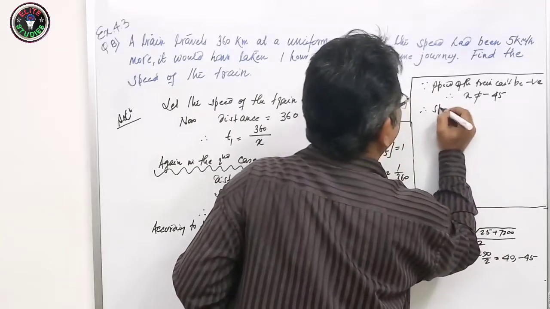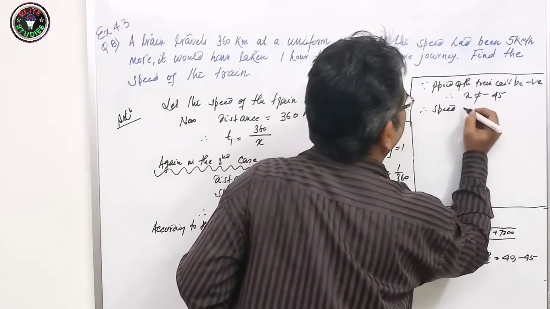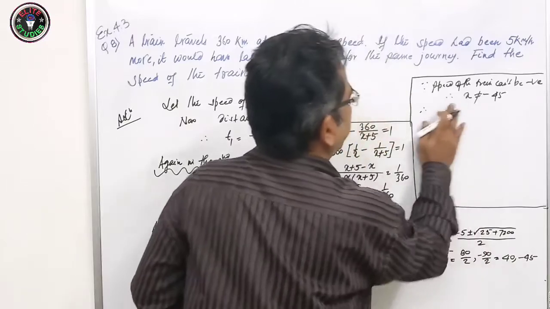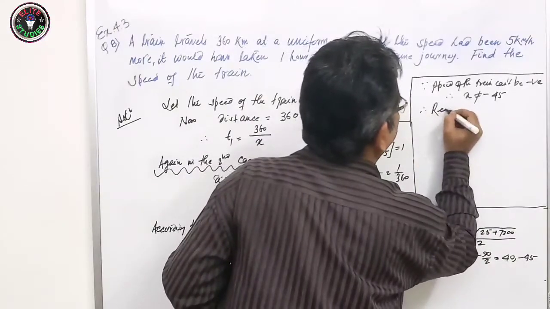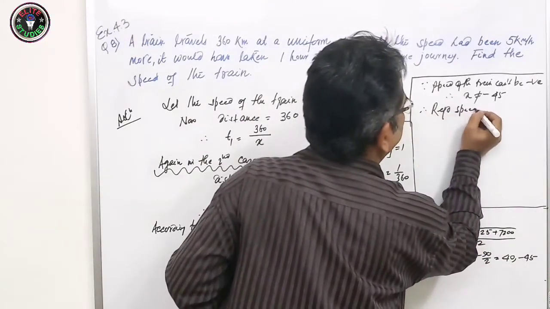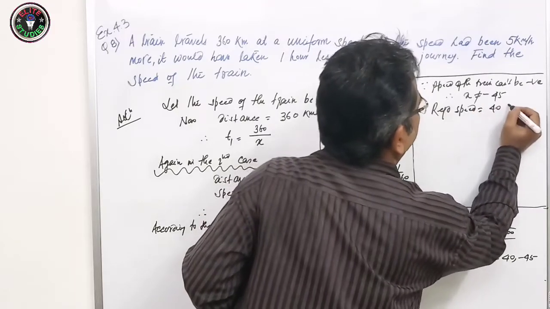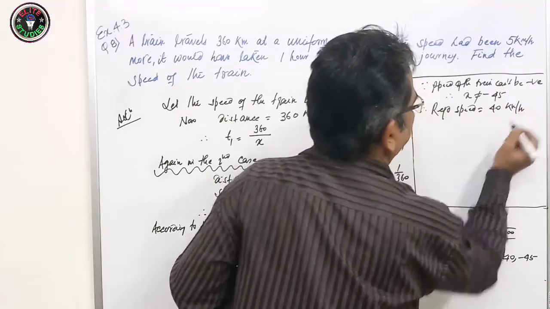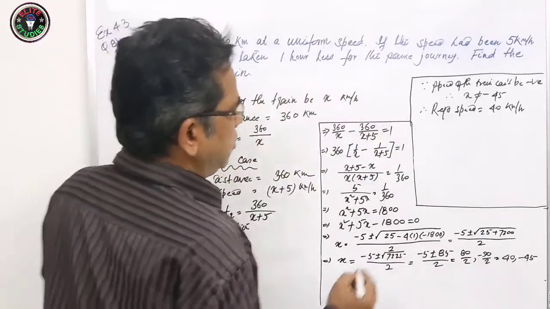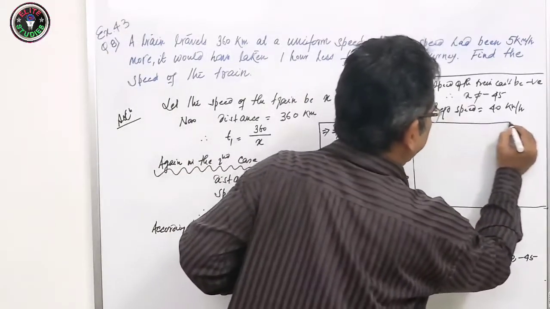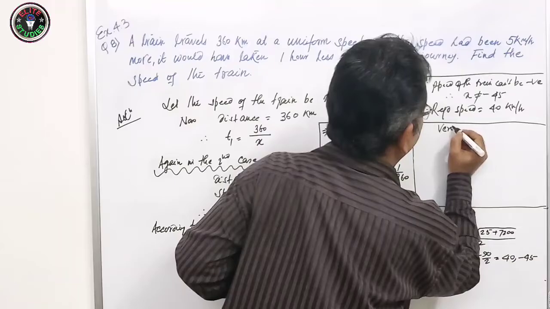So the required speed, the required answer, is equal to 40 kilometers per hour. Now we got the answer. Our next step is to verify.